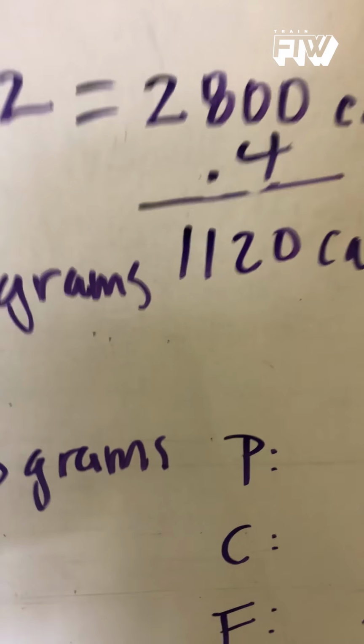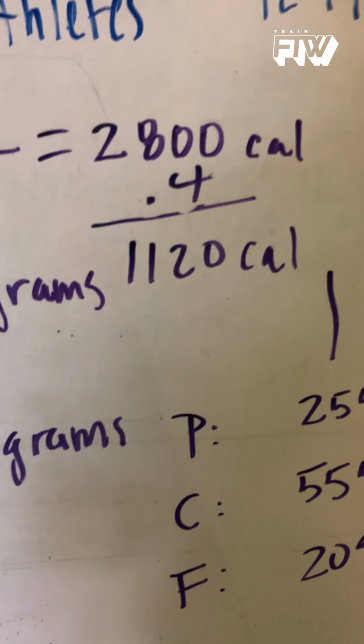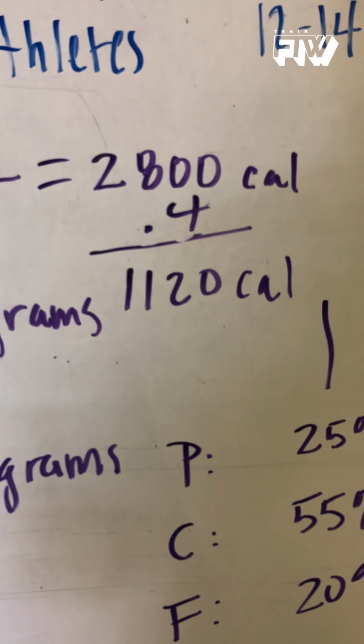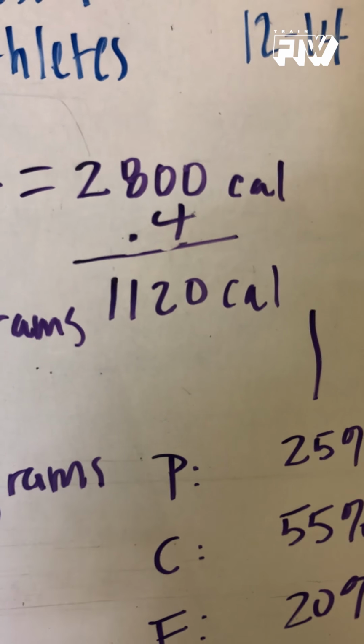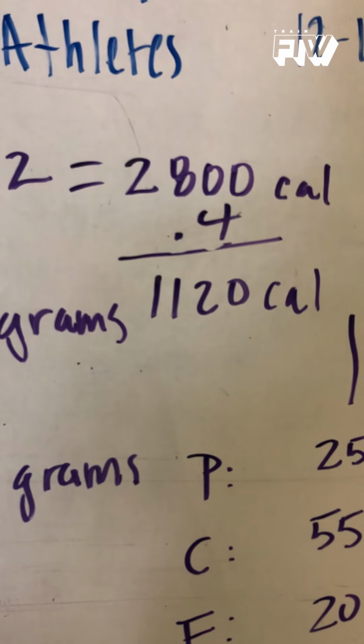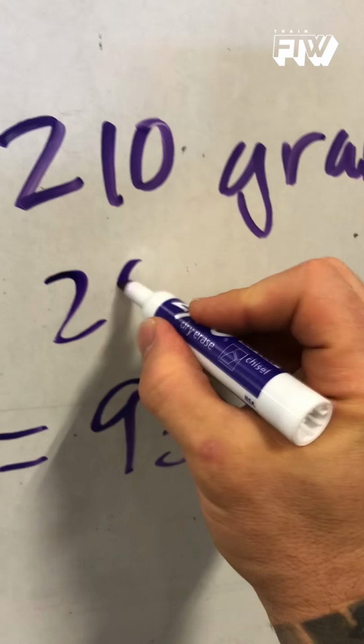Okay, how many calories in 1 gram of carbs? That's right. You're also smart. 4. So I'm going to divide 1,120 by 4, and that equals 280 grams of carbs.